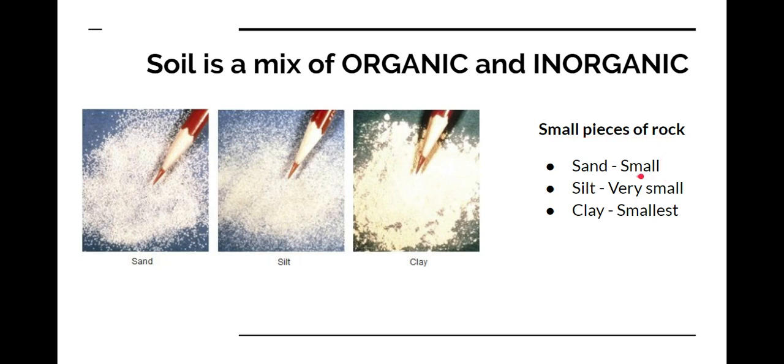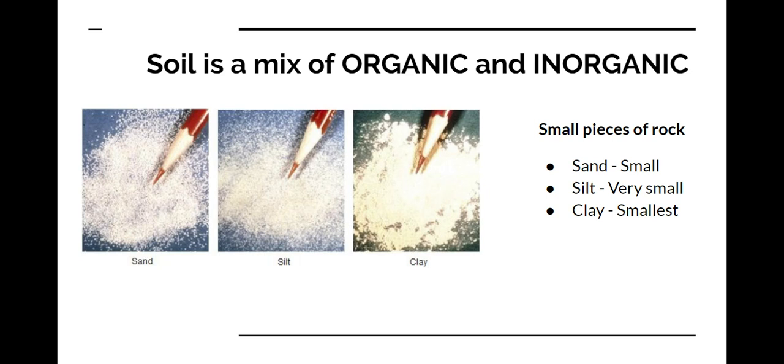Pieces of sand are pretty small. Silt is even smaller than that. If I had just dried silt on the table, it would feel kind of like flour or cornstarch. Clay are the smallest particles of all. Clay particles are so small that I can't really see them by themselves. I have to stick them all together.